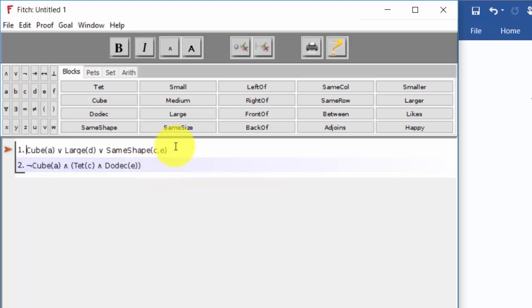So looking at one, since it's a disjunction, and a disjunction is true if and only if at least one of its disjuncts is true, then I know that at least one of these disjuncts is true.